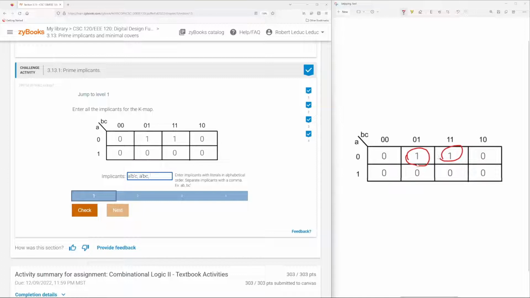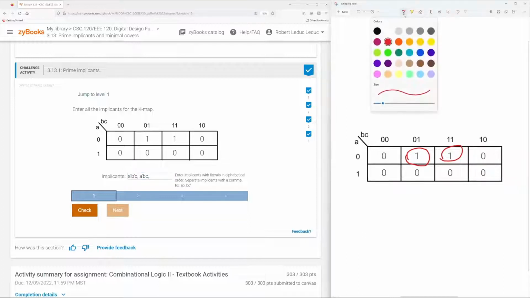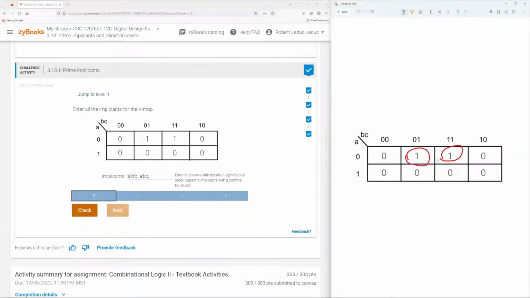But just circling the minterms by themselves isn't the only way we can cover them. The other implicants would also include any simplified term that covers one or more of these minterms. So to illustrate that, on the K-map, we can draw a circle that includes these 2 adjacent cells.